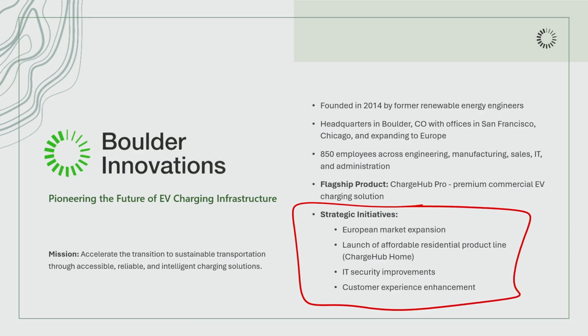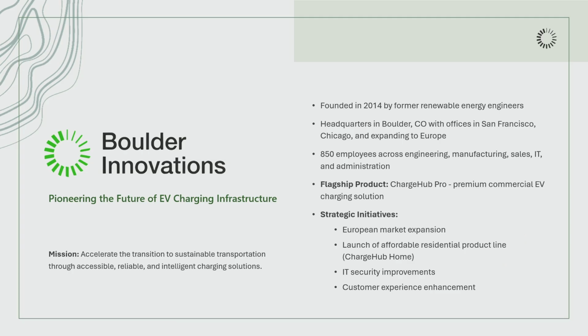We are expanding into the European market. We're also launching our affordable residential product line with the Charge Hub Home, as well as enhancing security and elevating our customer experiences. These strategic priorities create a perfect backdrop for us to demonstrate how Microsoft 365 Copilot can empower different roles to drive innovation across the organization.